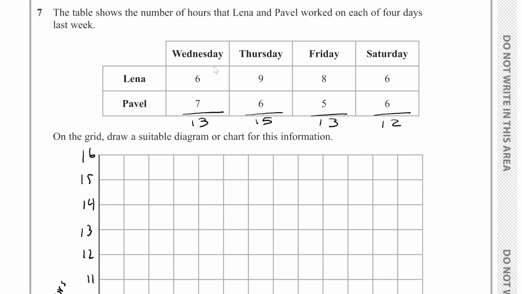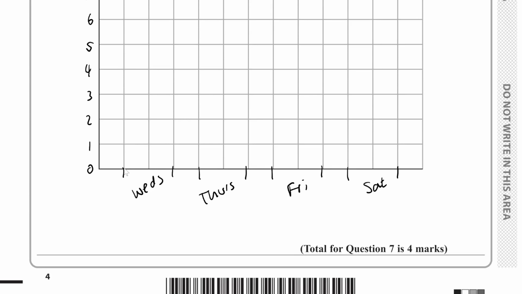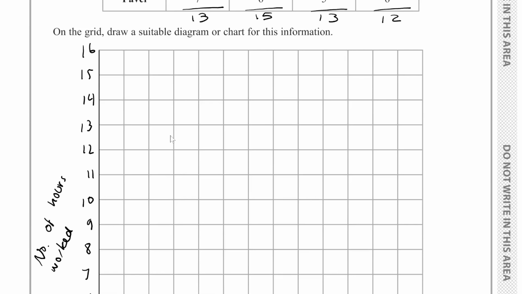So on Wednesday, we've got 6 and 7 to make 13. So 6, and then up to 13. 9 and 6 to make 15.